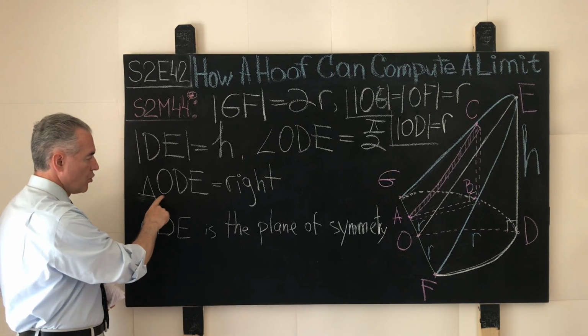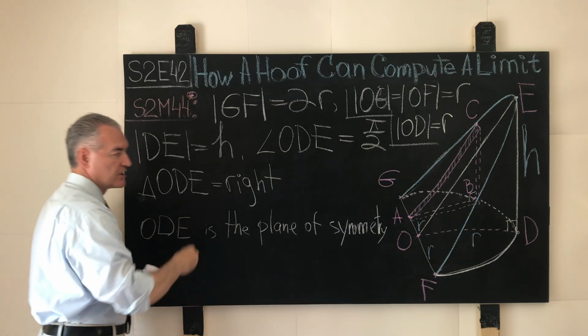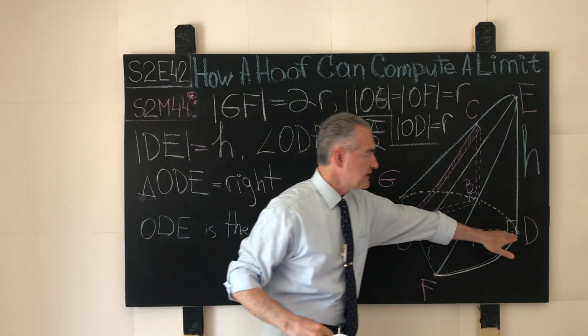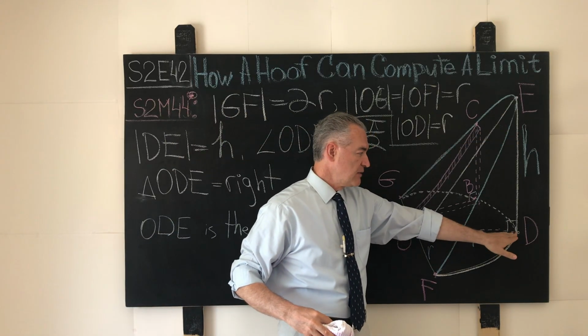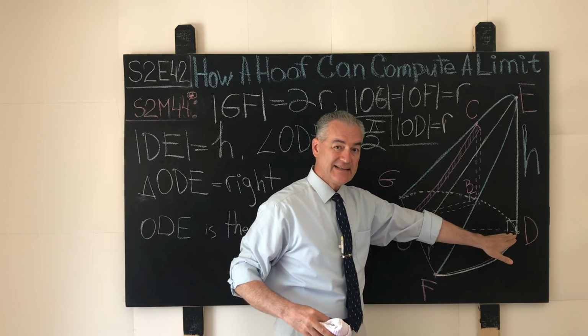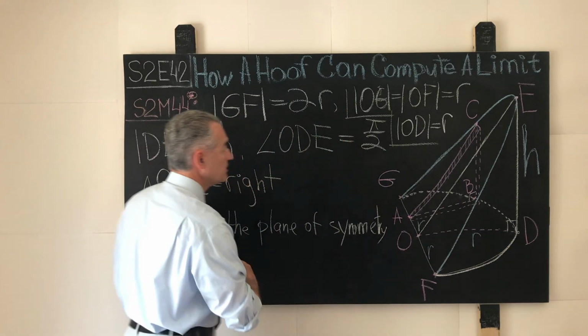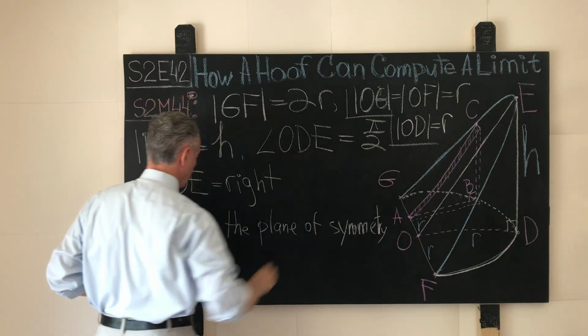Then the triangle ODE will be right, with the interior angle at D precisely pi over 2 radians, or 90 degrees.